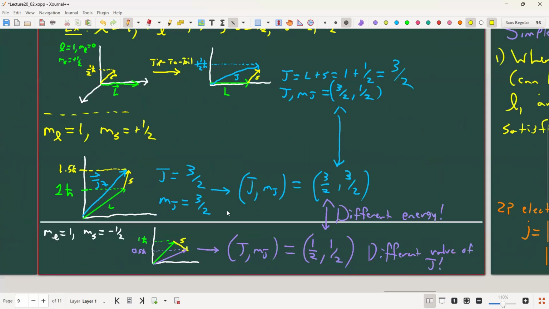And so we did some vector work to show that the 2 possible states for the p orbitals are a state of 3/2, where the spin adds to the L equals 1, and a state where they work against each other, where it's 1/2. 2 different J states, right?